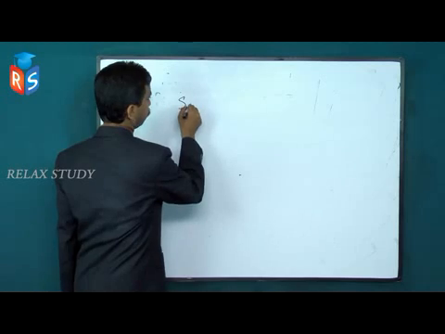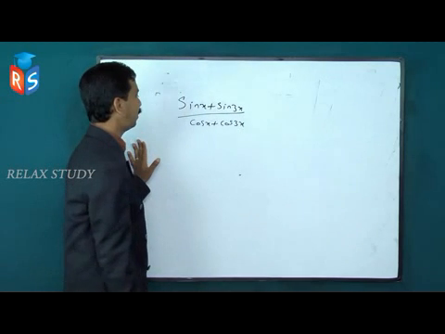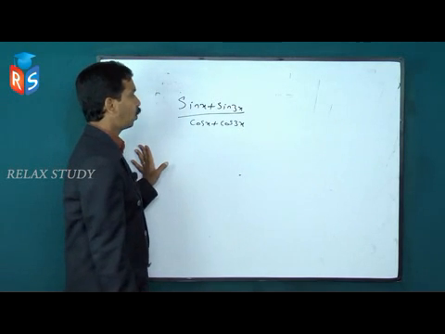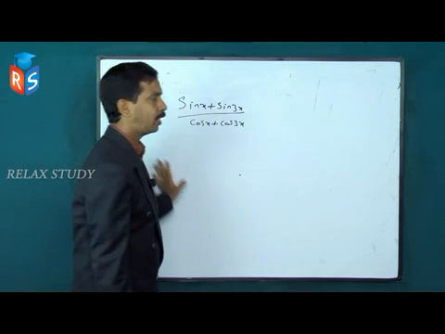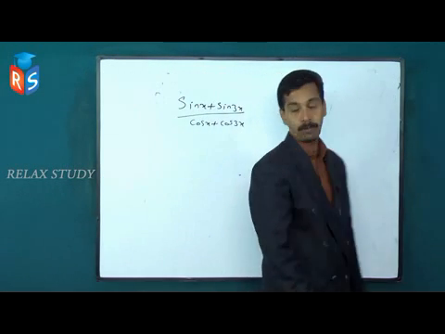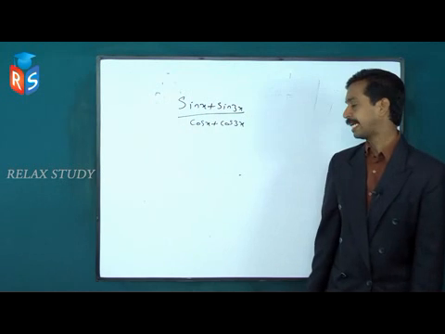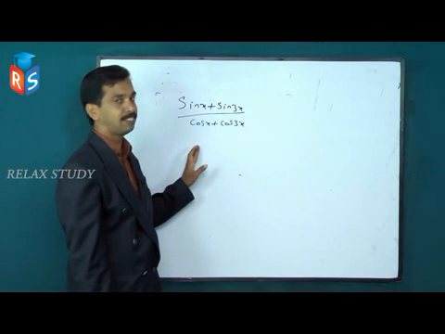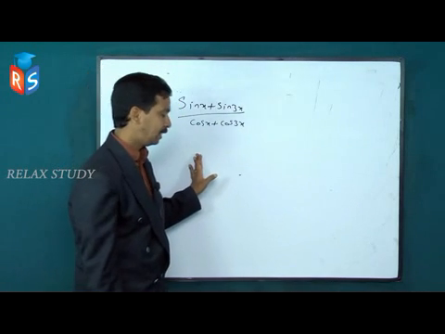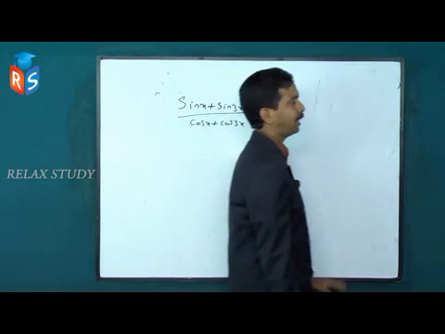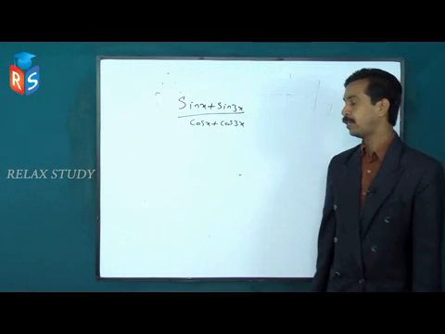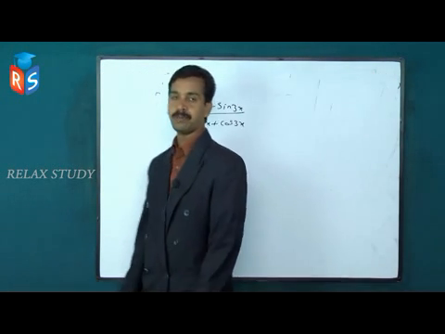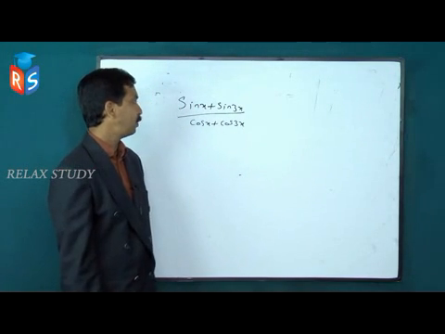Next one, (sin x + sin 3x)/(cos x + cos 3x). Here also we have to apply the results we have studied. The numerator is of the form sin c + sin d and the denominator is of the form cos c + cos d. We have studied sin c + sin d equals 2 sin((c + d)/2) cos((c − d)/2), and cos c + cos d equals 2 cos((c + d)/2) cos((c − d)/2).